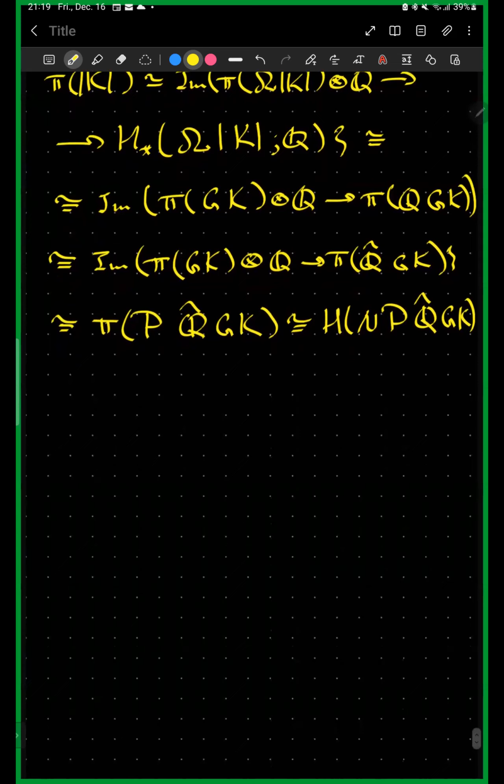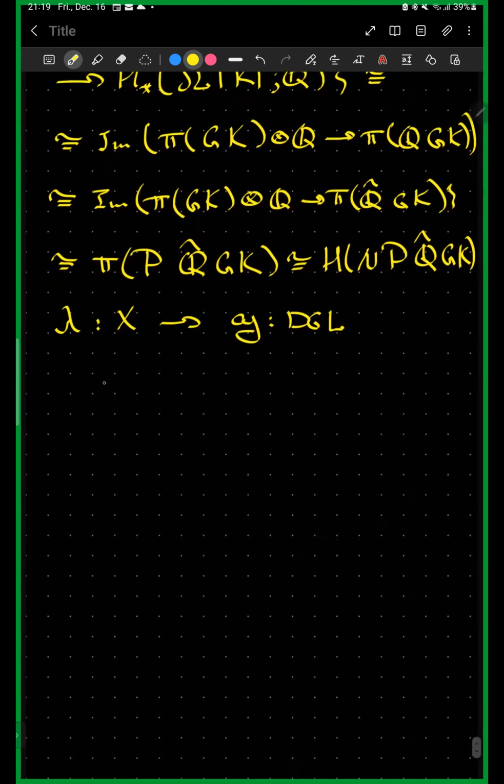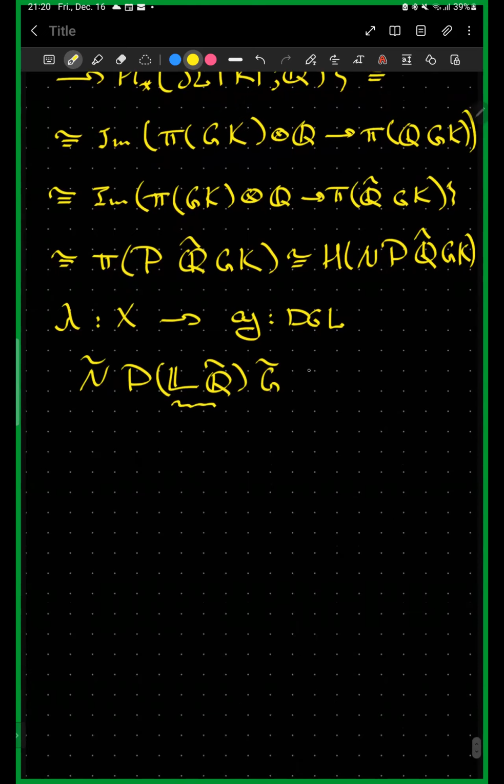So by recalling that this functor lambda from a space to differential graded Lie algebra really was a composition of this sequence of functors. Of course we do this on homotopy categories, so that's why we write here the left-derived functor. And so this N tilde, P tilde and G tilde denote the descent of corresponding functors onto homotopy categories.